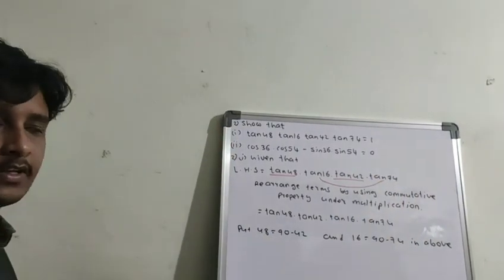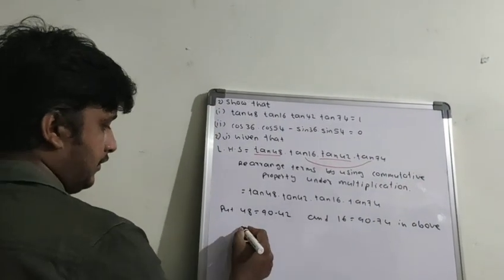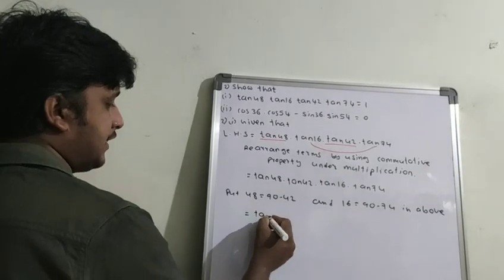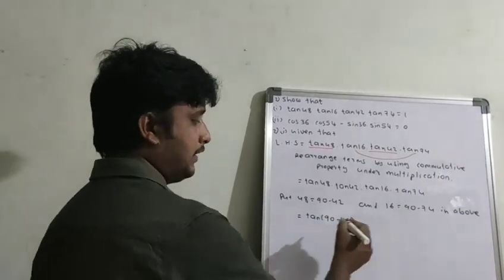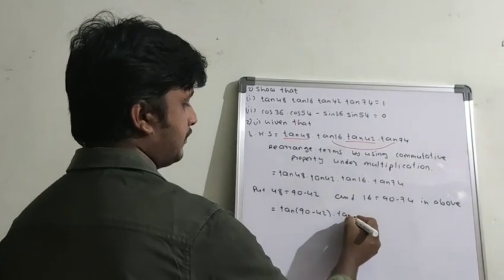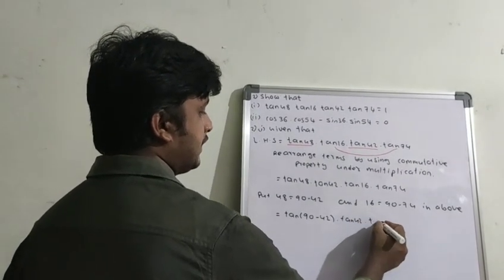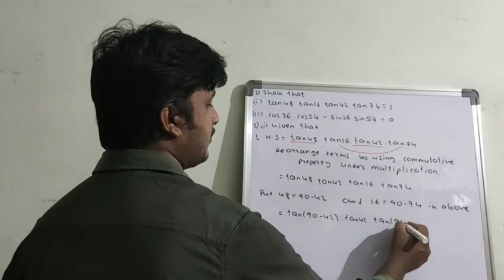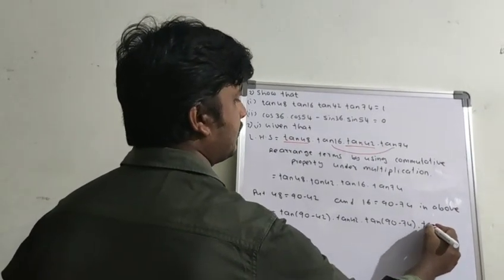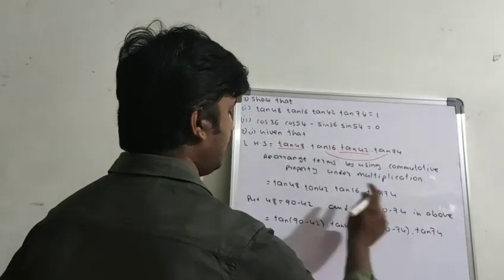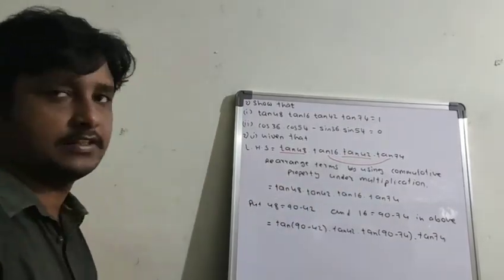expression. So tan 48, in the place of 48 I am writing 90 minus 42 into tan 42. Tan 16 I am changing to 90 minus 74 into tan 74. So only change the first one and third one, that's it.